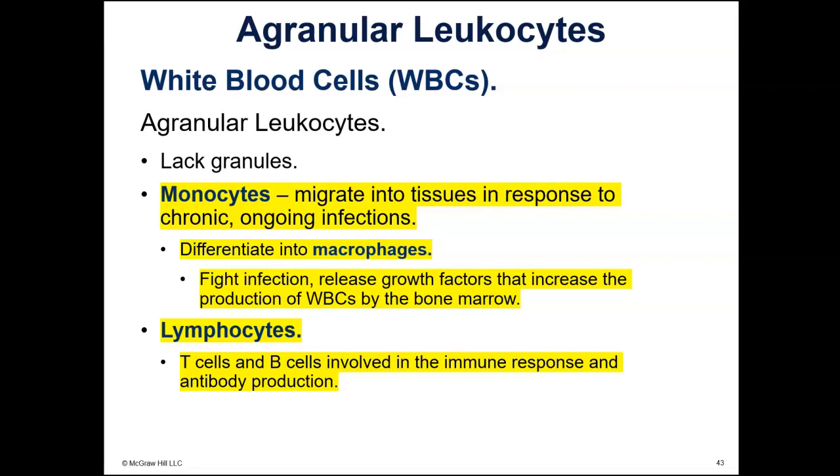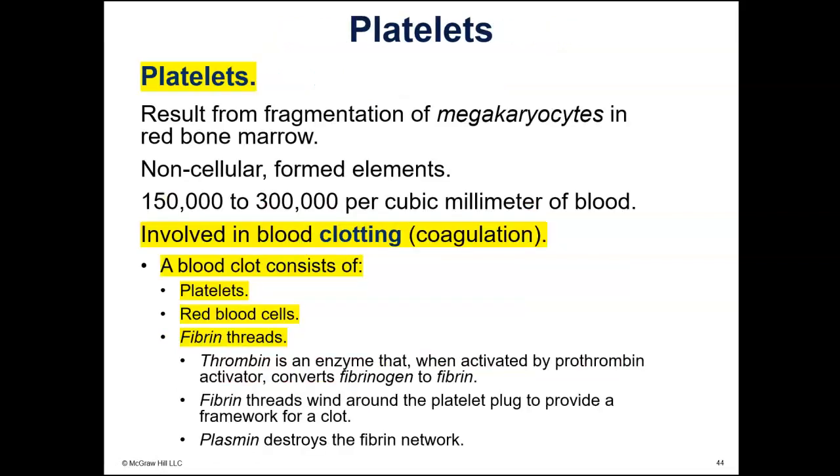So they fight infection, and they release growth factors that increase the division of white blood cells, so more white blood cells are being produced to fight the infection. They do a good job. They just are slower when they move, so they don't get to the infection as quickly as the neutrophils. The lymphocytes are the T cells and B cells, and they are involved in specific immunity and producing antibodies to a specific infection.